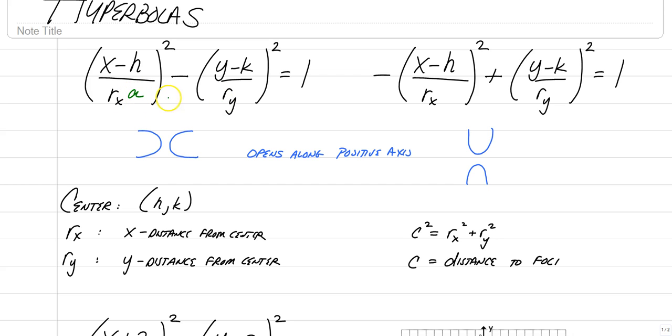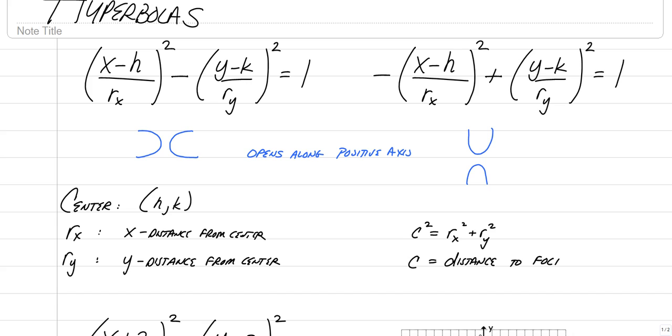A lot of times you will see these as a and b's. I sometimes find it easier to just call it rx and ry, so we know which direction our radius is going, but really it's up to you. Now the other thing we could do is start with a negative at the beginning and put a plus in the middle. Everything means the same.